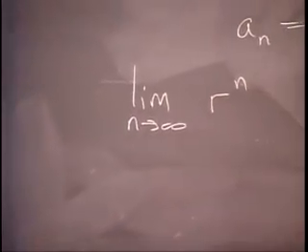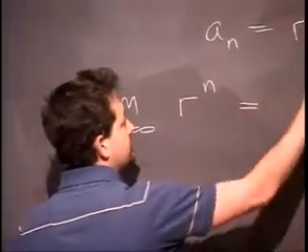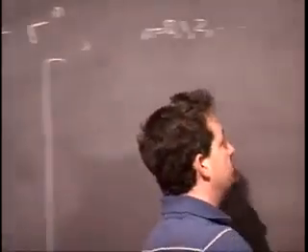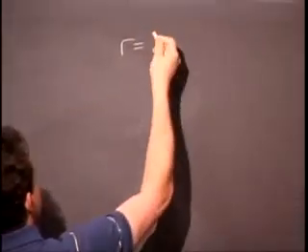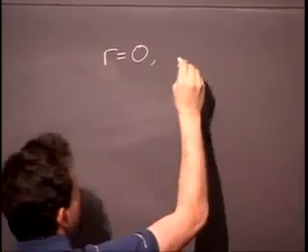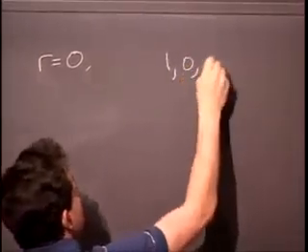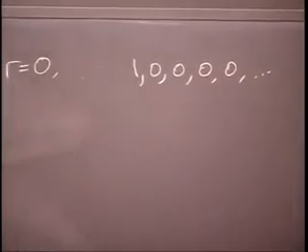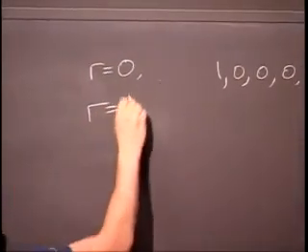Well, it depends on what r is. Let's come over here briefly and do some experiments. If r happens to be 0, it's not a very exciting sequence, rather. It's 1, 0, 0, 0. And so, of course, the limit is 0. What if r happens to be 1/2?